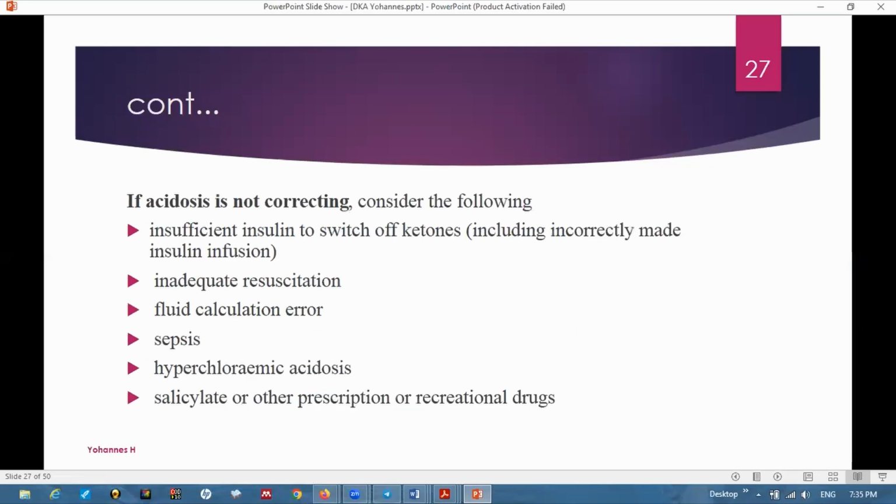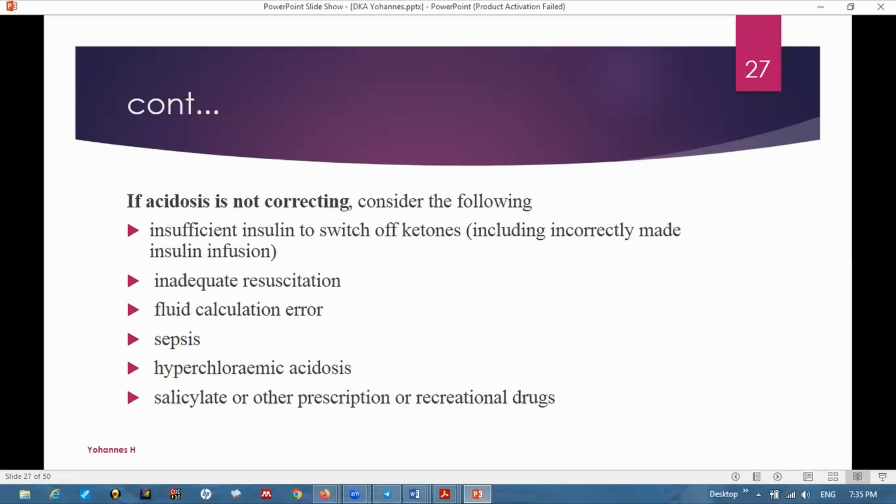While we are managing DKA, if the acidosis is not corrected, we should look for different causes. It can be insufficient insulin to switch off the ketones, inadequate resuscitation, fluid calculation error, sepsis, or hyperchloremic acidosis. Most of the time, hyperchloremic acidosis is due to our management.